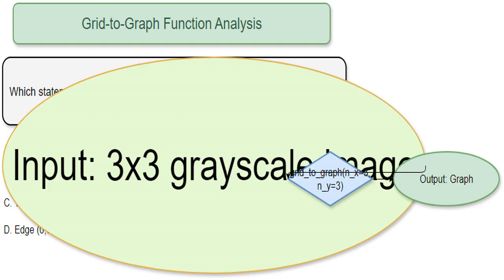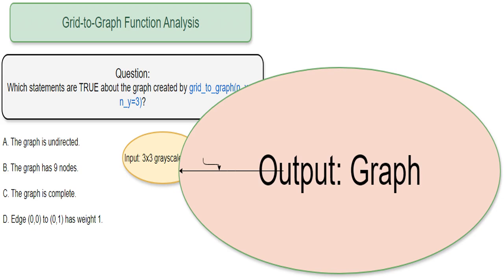Statement D focuses on a specific edge between nodes 0,0 and 0,1, checking whether its weight is 1. I'll verify how grid_to_graph assigns edge weights. The final output is a graph. I'm interested in verifying the structure and properties of this resulting graph based on statements A, B, C, and D.